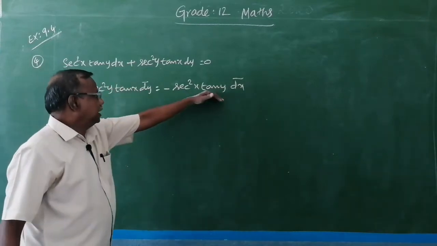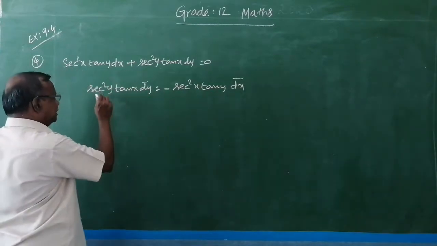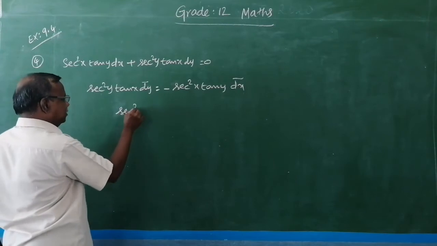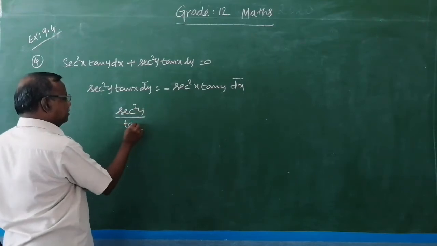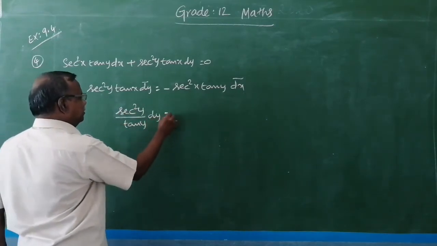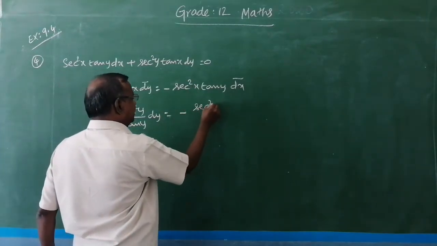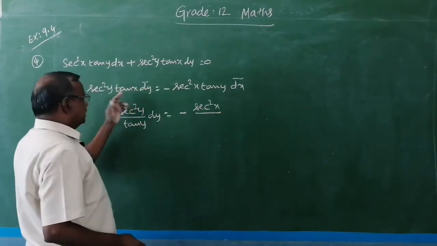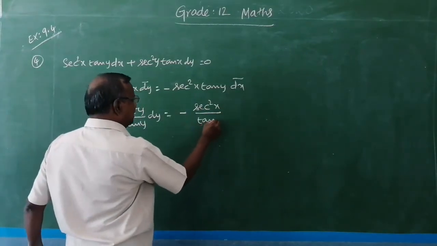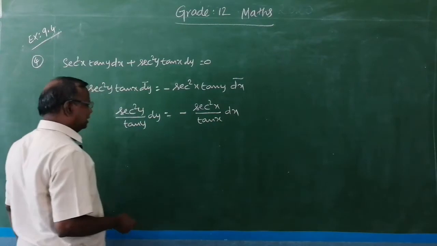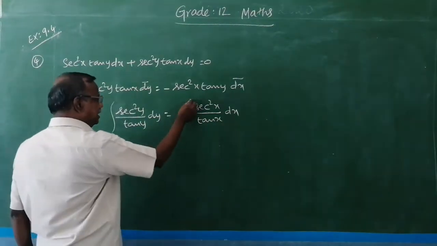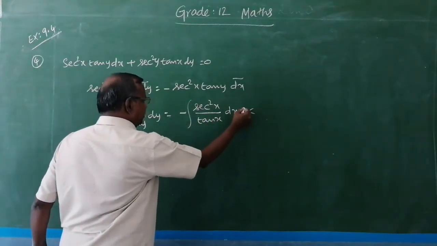So bring tan y to the left side, keep the secant square y here. So it is secant square y divided by tan y into dy equal to minus secant square x divided by tan x into dx. In this stage you can integrate, so put one arbitrary constant plus c.